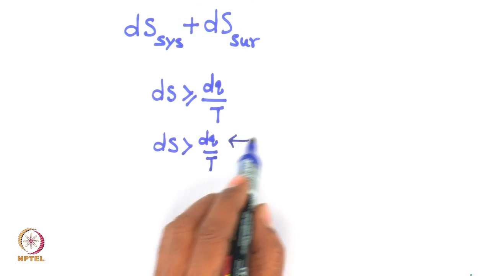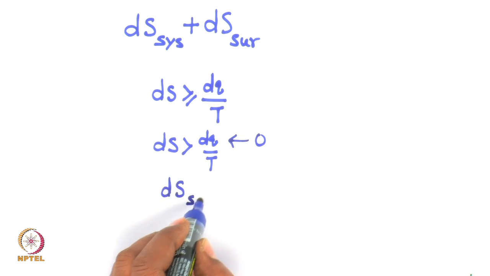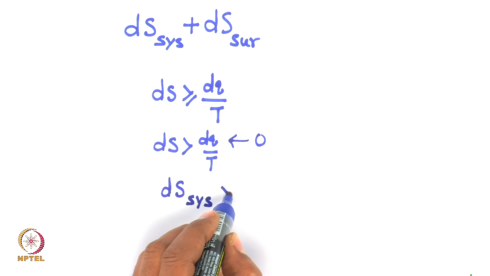I repeat, when a gas expands in vacuum, it is simultaneously both isothermal as well as adiabatic. Now, if it is adiabatic, I will immediately put dq equal to 0. So, that means ds system is greater than 0.